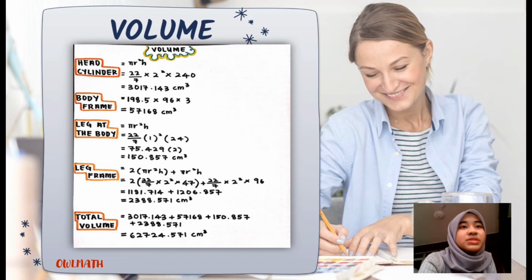For its leg frame, which has 2 cylinders on the vertical side and 1 on the horizontal, 2 times 22/7 times 2 squared times 47 plus 22/7 times 2 squared times 96, the total is 2388.571 cm cube. So the total volume is 62724.571 cm cube.